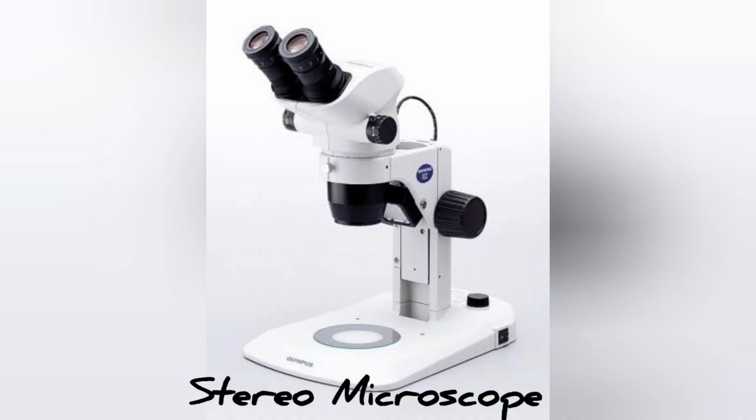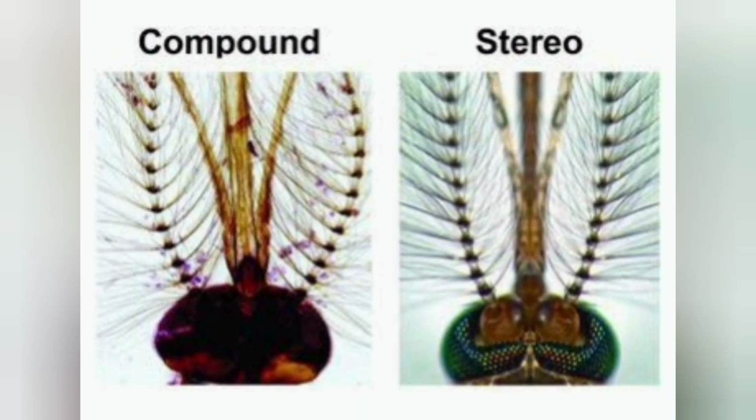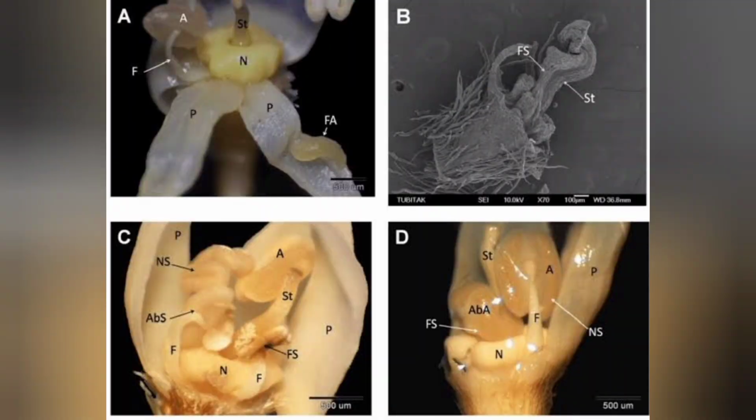The stereo microscope is just like the compound microscope, just that this stereo microscope provides a three-dimensional view of the objects. It is also known as the dissecting microscope. It is called so because it has two different light paths, one for the left eye and one for the right eye.